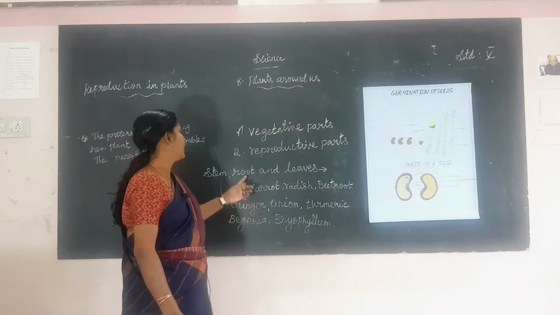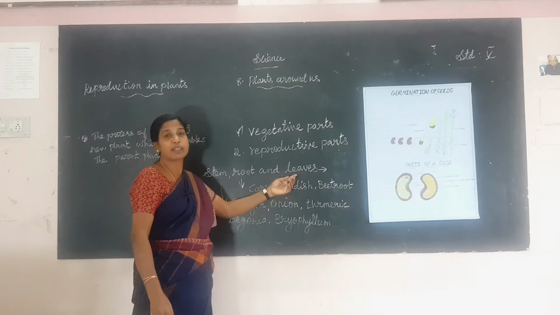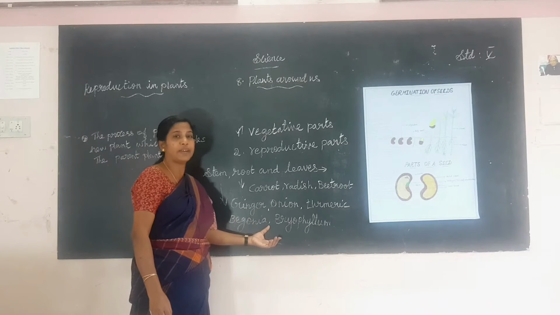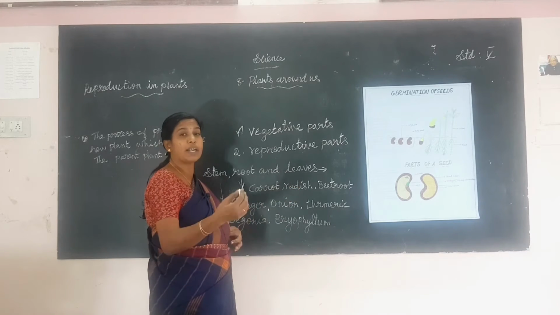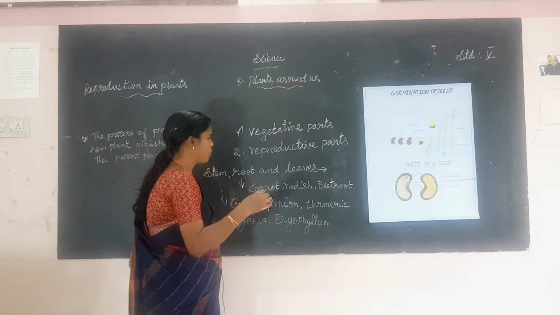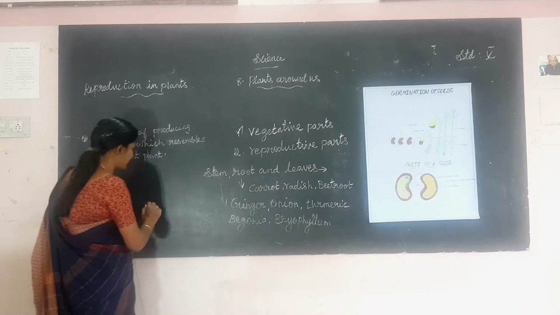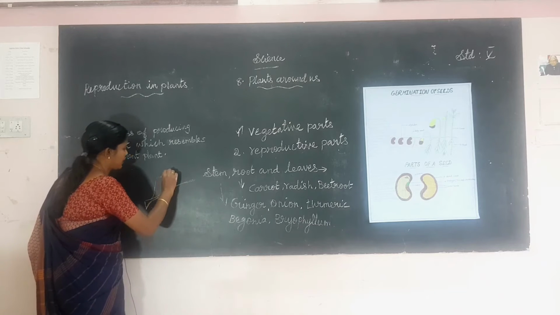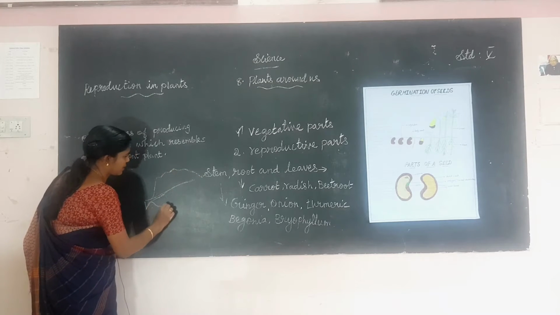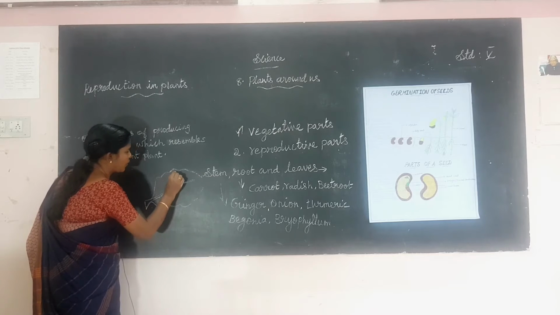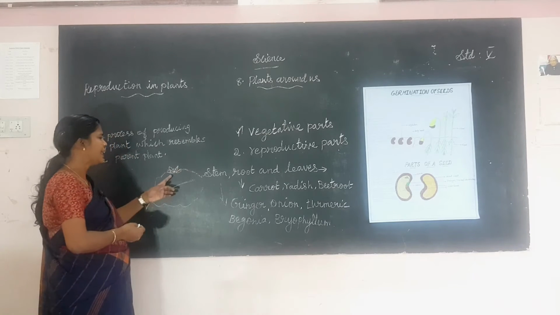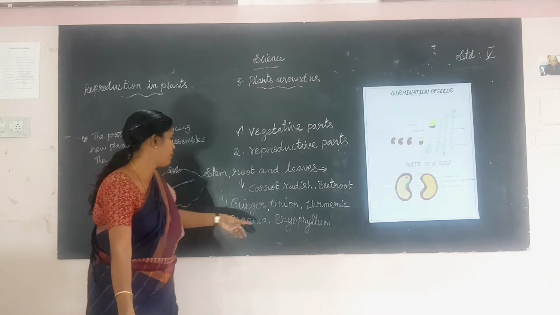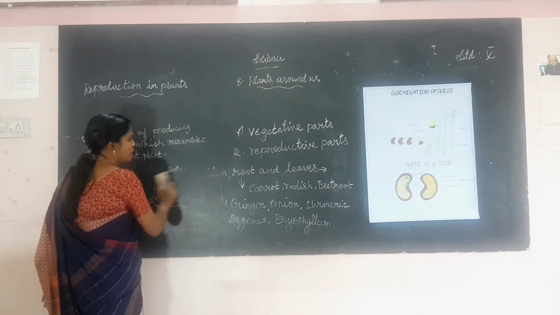In the bryophyllum or begonia plant, the new plant grows only from the leaf margin, in buds. New plants grow in the leaf margin. Examples are begonia and bryophyllum.